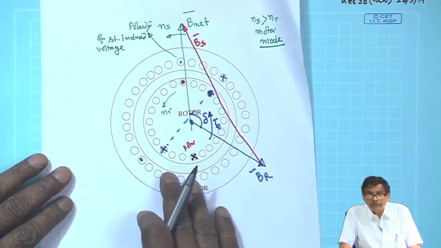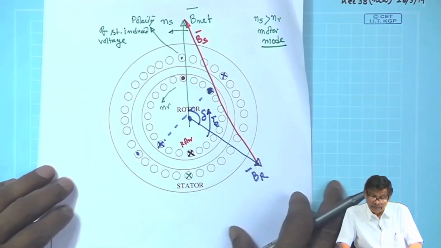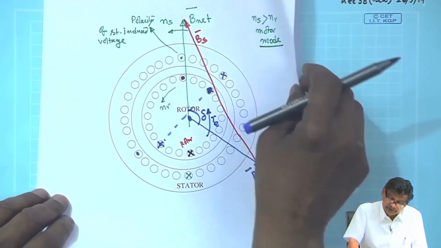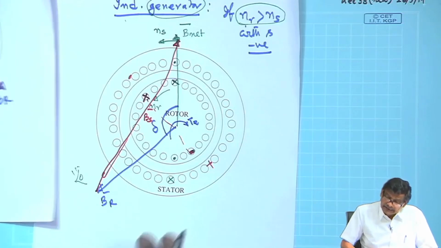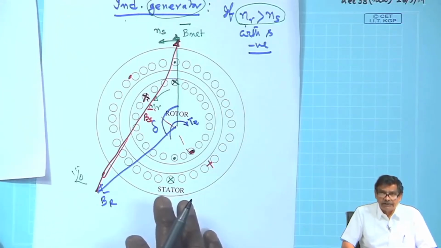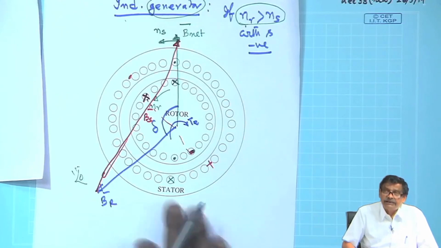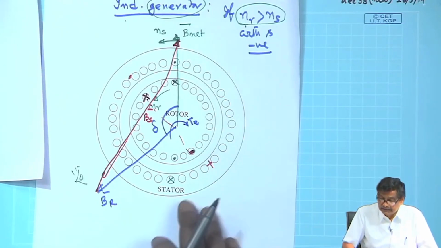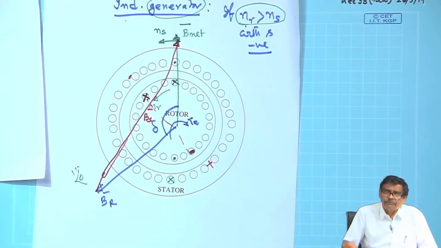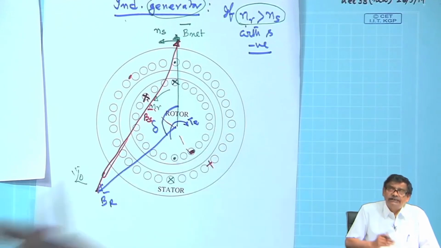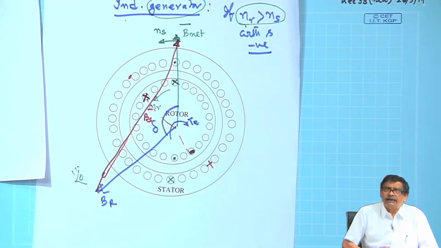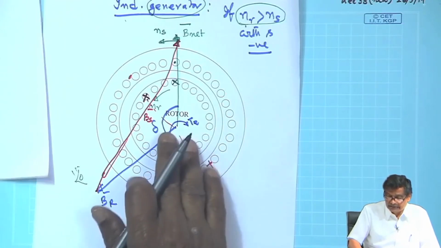So, for both motor mode and generator mode, these are the directions of the fields. In case of a synchronous motor also it can be drawn. I am not drawing it now, although I have included it in my notes. In case of a synchronous machine, it is much simpler, because everything is rotating at synchronous speed. So, kindly go through the notes with this understanding.